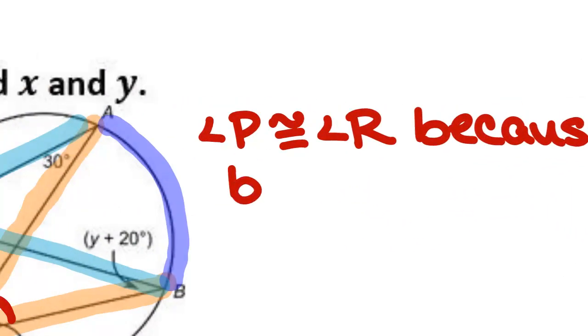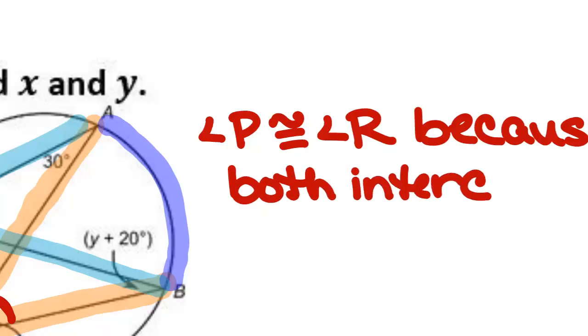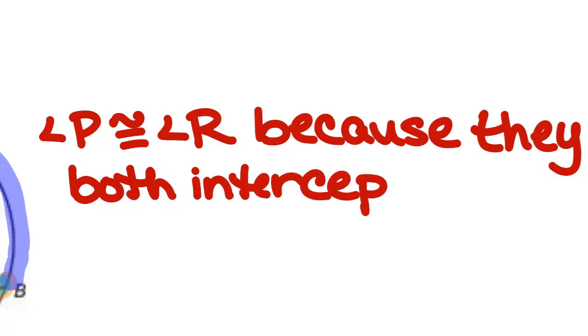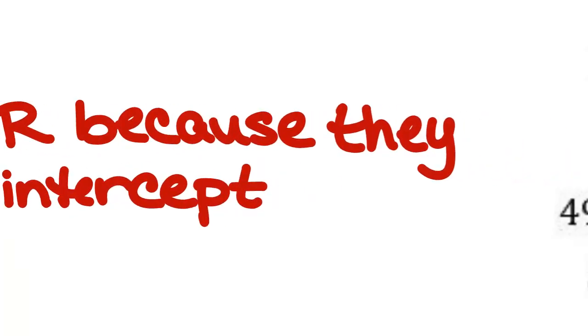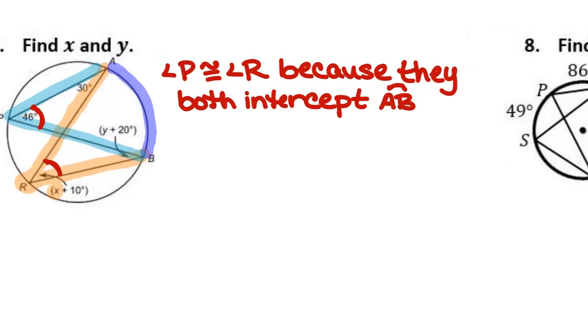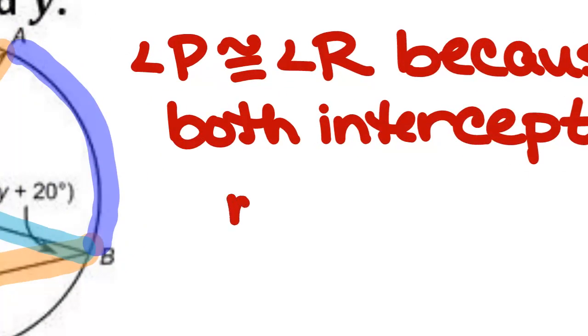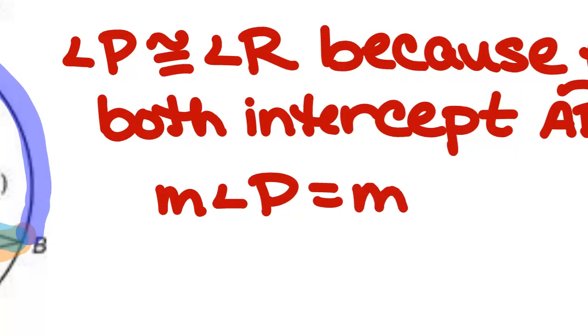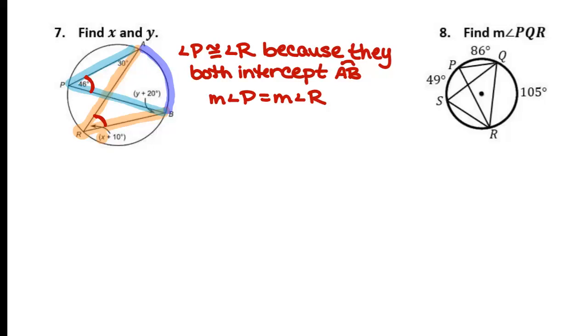Because they both intercept arc AB. So that means we would take the measurement of angle P and set it equal to the measurement of angle R. How big is angle P? 46 degrees.